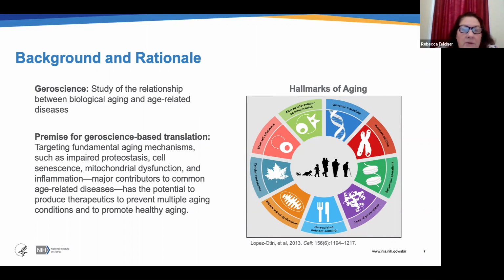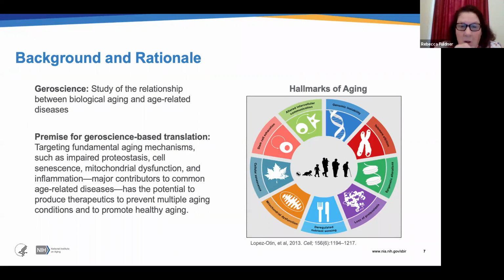And there's mitochondrial dysfunction, as well as inflammatory cytokine production, that also have been shown to be contributors to different age-related conditions. All of these different mechanisms can be modulated, and there's a lot of research on how they can be modulated by different drugs or therapies.